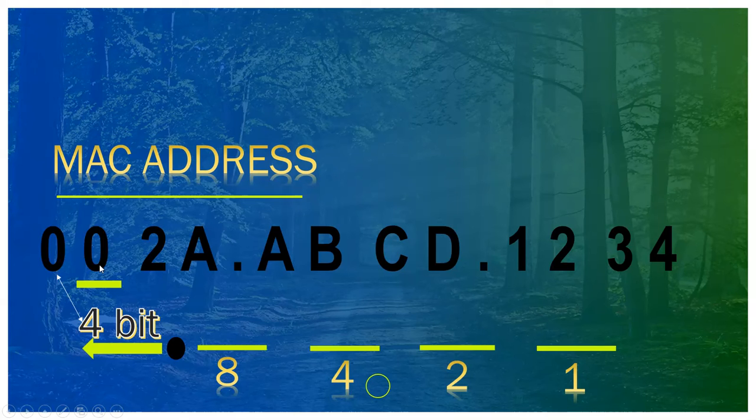So if we expand this 0, we are going to get 4 bits. You get me? So let's say this is 4 plus 1, 5, 6, 7. So the 7th bit will be residing on here, on the 2nd bit. If it is turned off, it means the MAC address is globally unique. And if it is turned on, it means the MAC address has been tampered with, or it has been assigned locally for any reason.